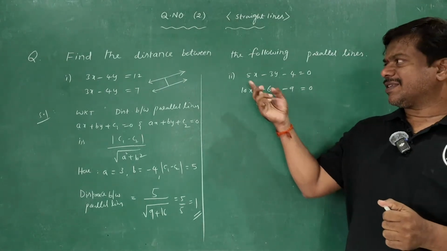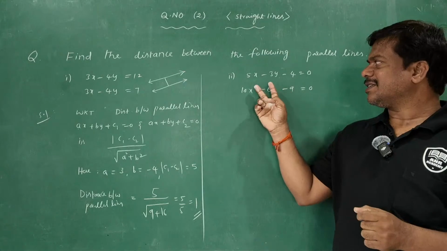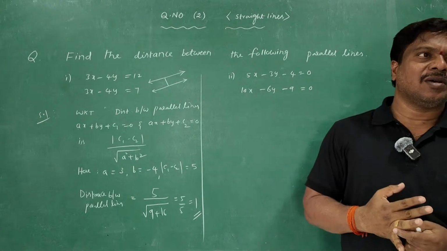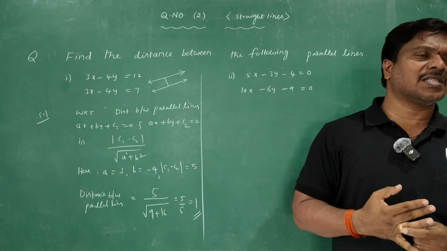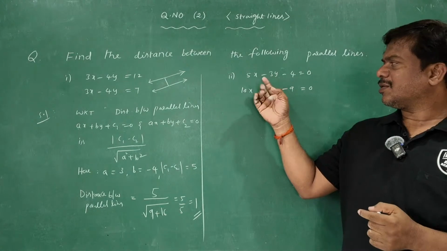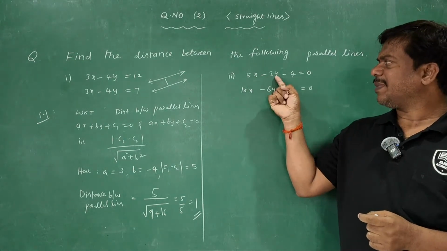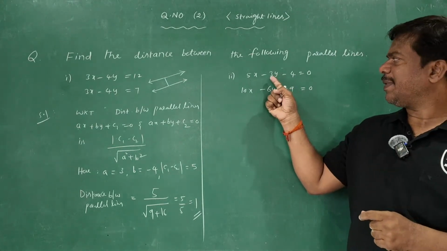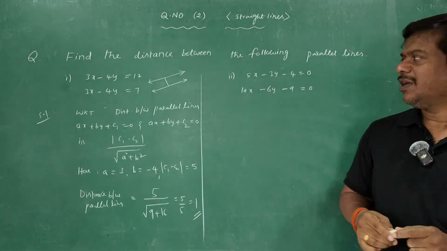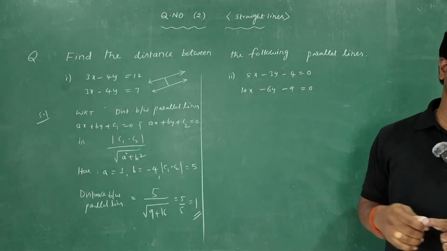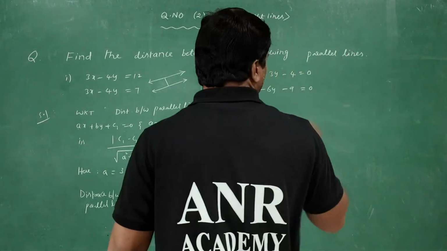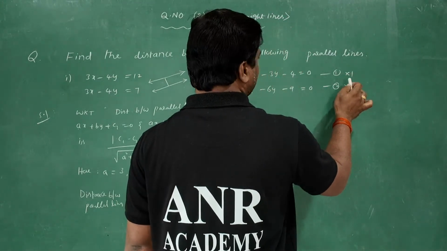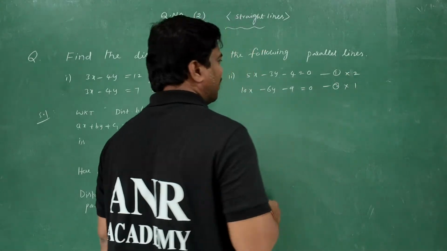It is different from the first one. The only difference is, usually parallel lines must differ only in the constant, but here in the question you have 5x minus 3y, but there 10x minus 6y. It is better to multiply equation 1 with 2, okay, then you will get both 10x as well as minus 6y. I am going to multiply the first equation with 2, the second equation with 1.